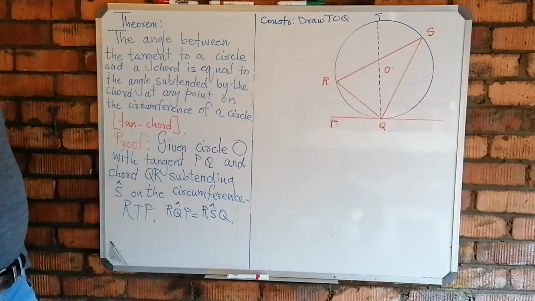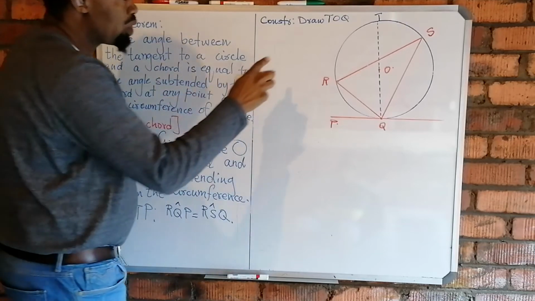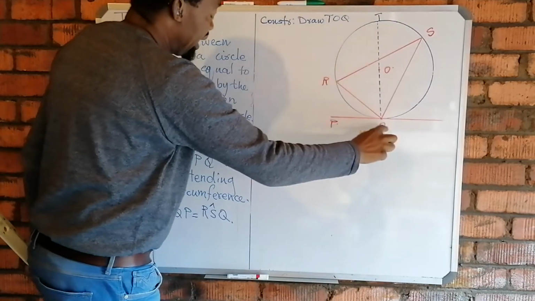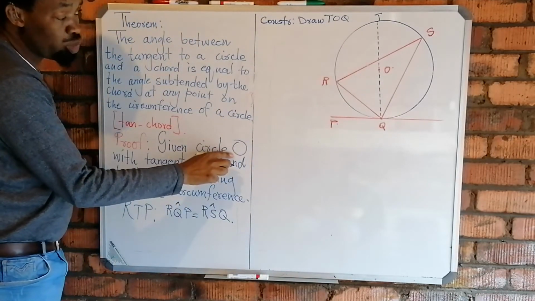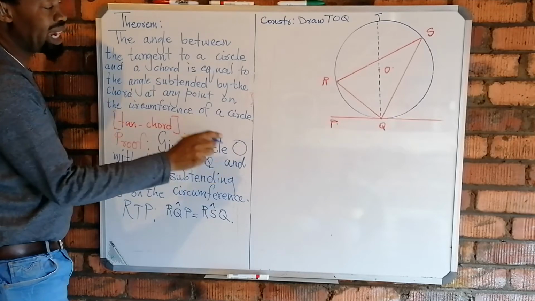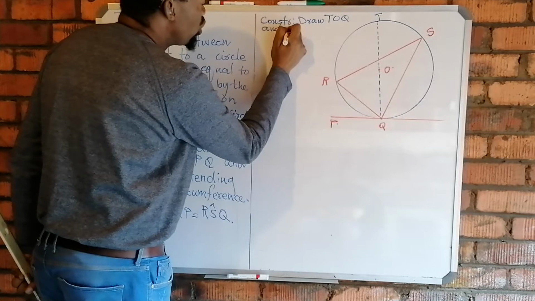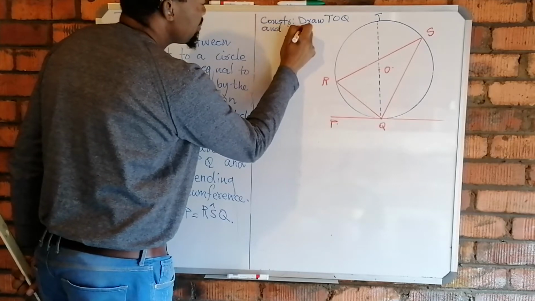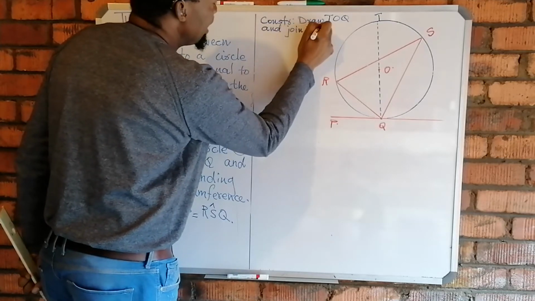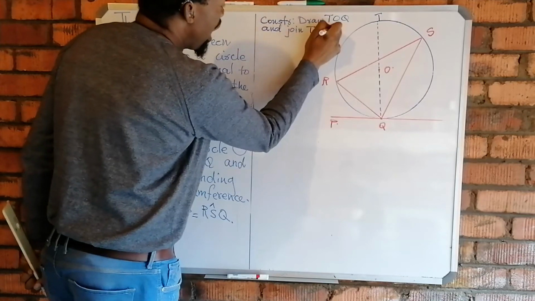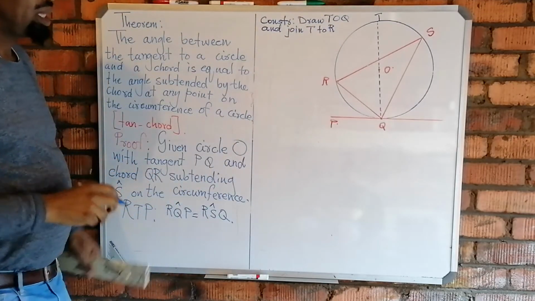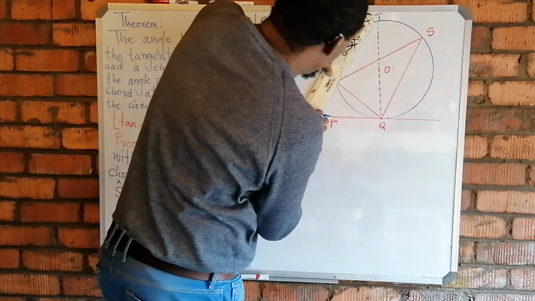There's our line TOQ. Very important, this line is passing through the center of the circle, and I'm going to join T to R. I'm now joining T to R.